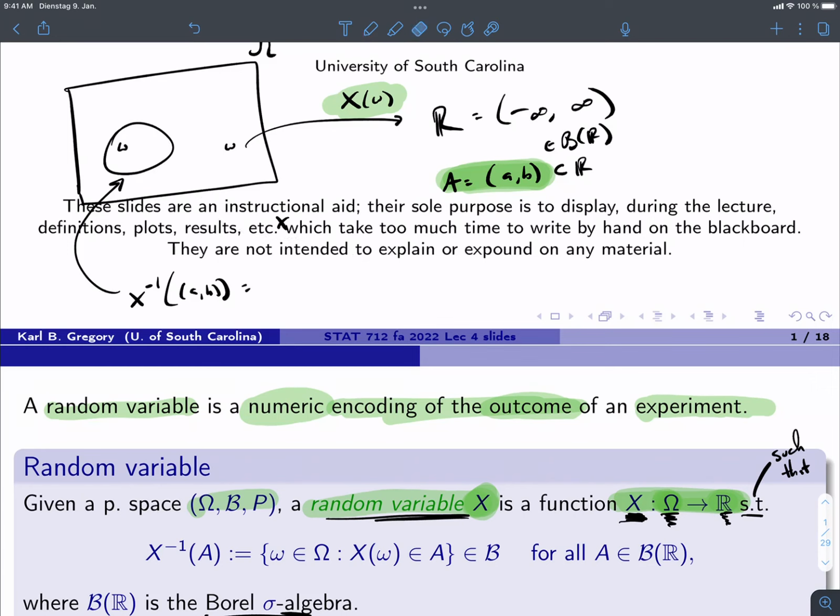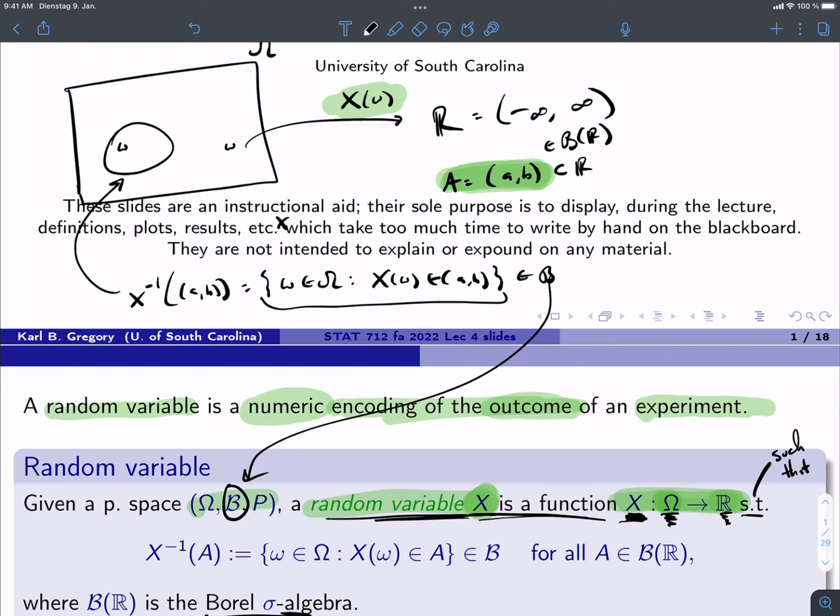So this would be like all outcomes in the sample space such that my random variable x would be in the interval A to B. And what I need for x to be a legitimate random variable is that this set needs to belong to the original sigma algebra of my sample space.